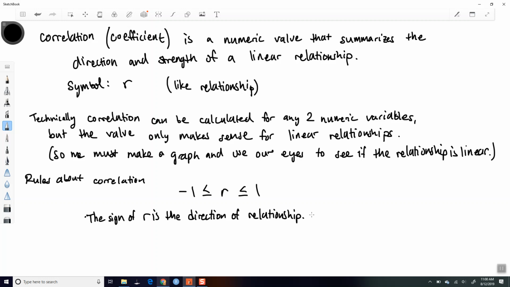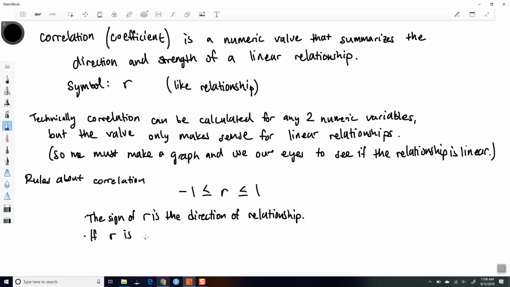So if R is positive, the direction is positive. If R is negative, the direction is negative. And the magnitude of R is the strength of the relationship. So if R is far from 0, meaning it's close to 1 or close to -1, the relationship is strong. And if R is close to 0, the relationship is weak.